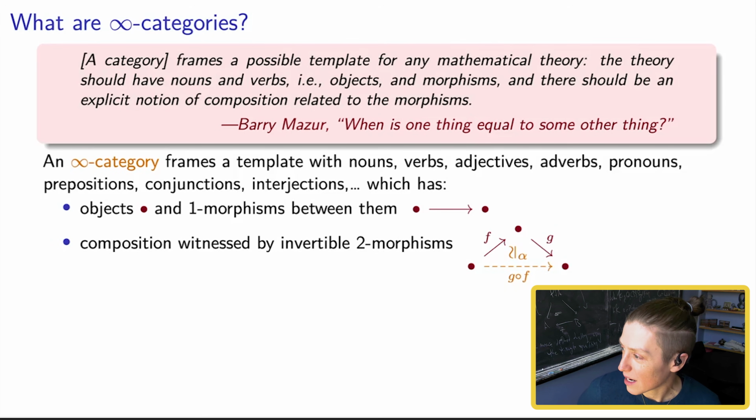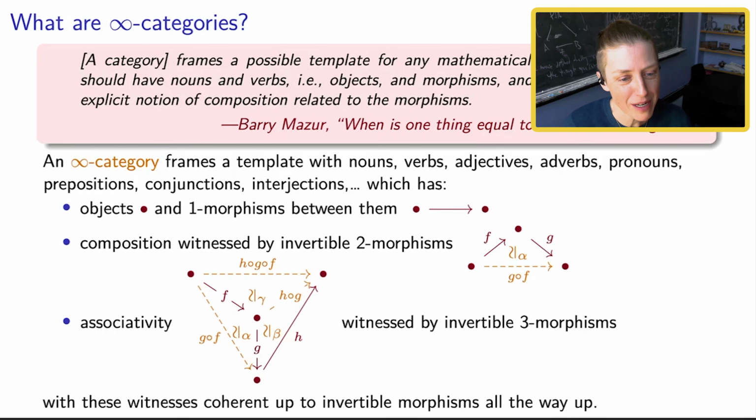Maybe it's not an operation, so there's not a unique composite of a pair of composable arrows, but there is some composite, and maybe the composition is witnessed by invertible two-dimensional morphisms. And then associativity becomes a bit more complicated. Maybe that's witnessed by some sort of three-dimensional data, some invertible three-dimensional morphisms. And now you can't really stop in thinking about composites of three things.